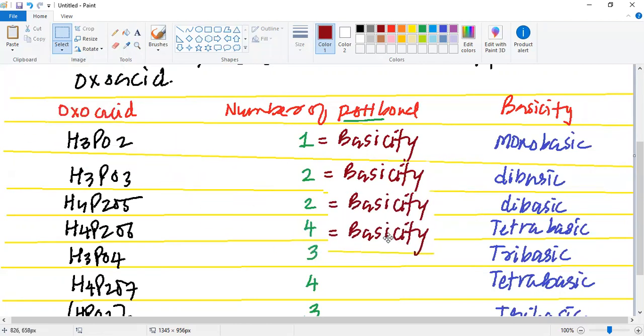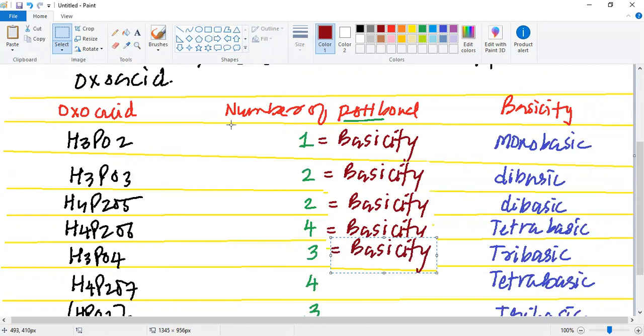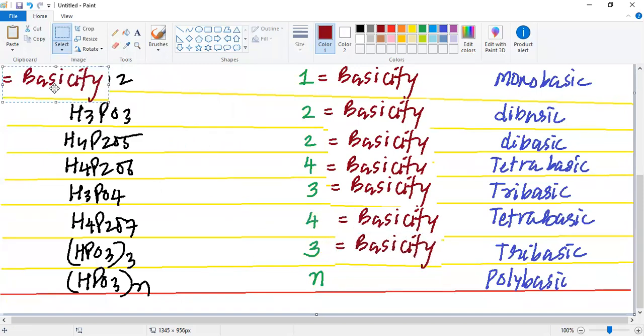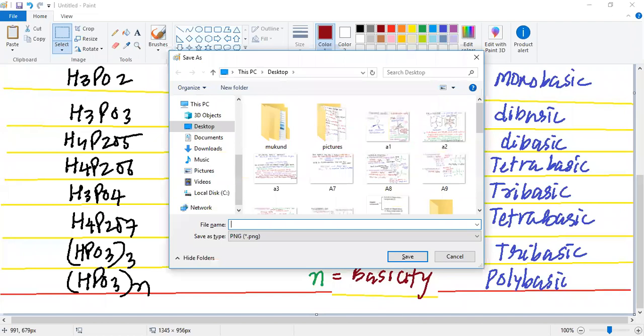So the number of P-OH bonds represents the basicity in a very nice manner, my dear students. You can see that. So this is how we study and understand. So this is what we should know about the basicity of the oxoacids of phosphorus, my dear students.